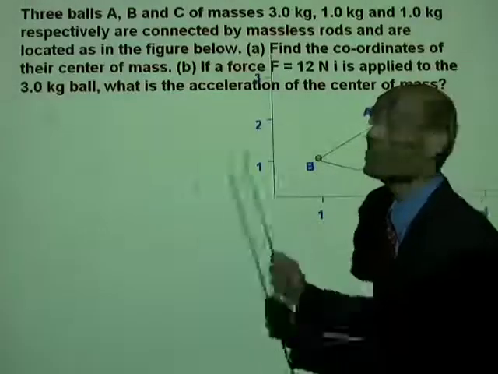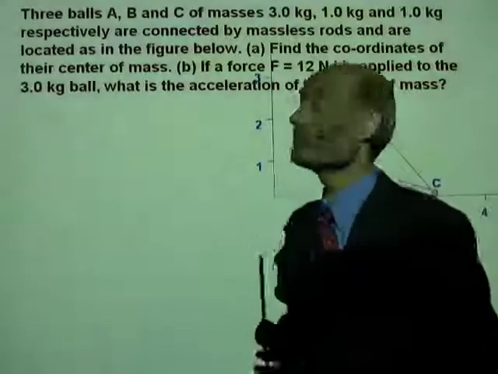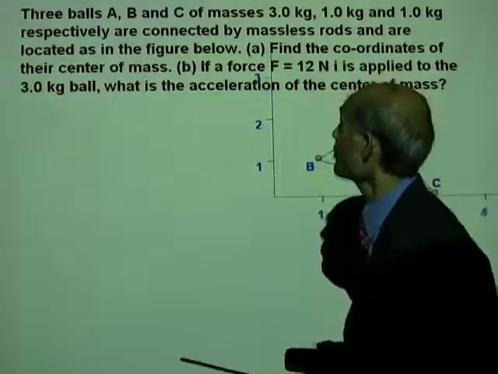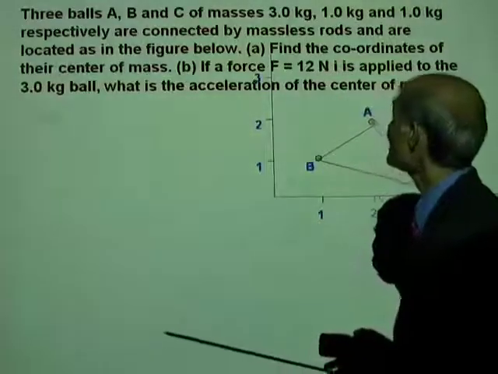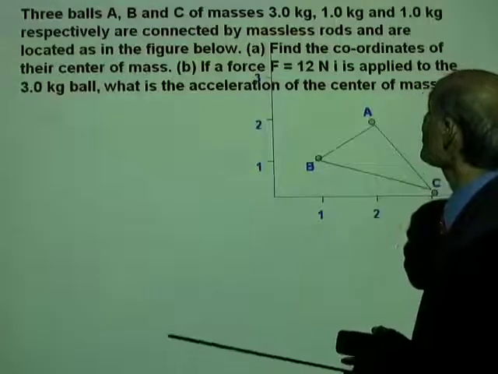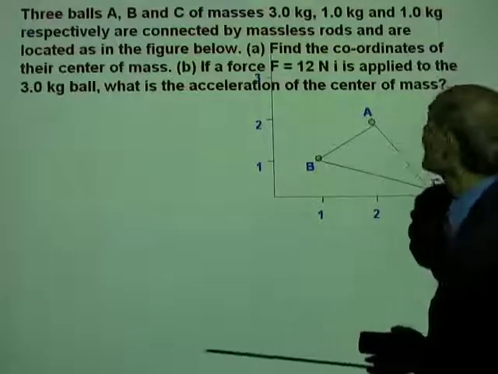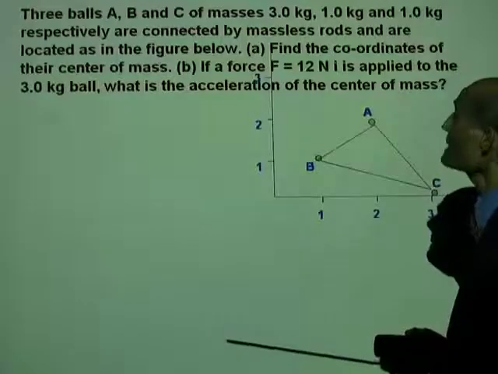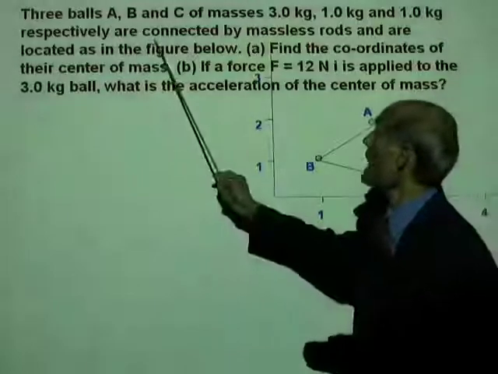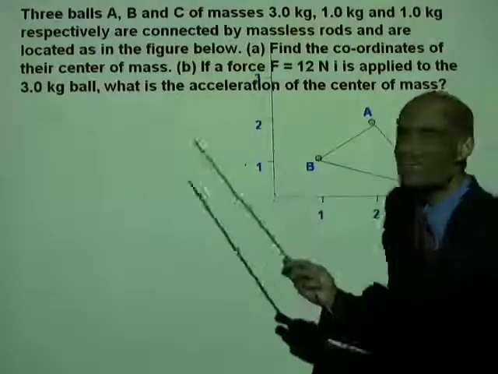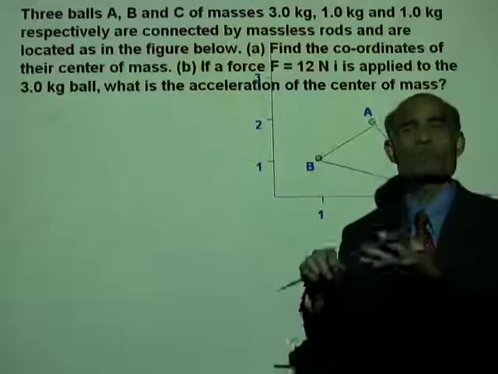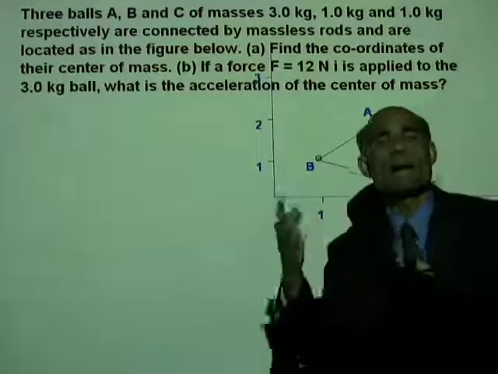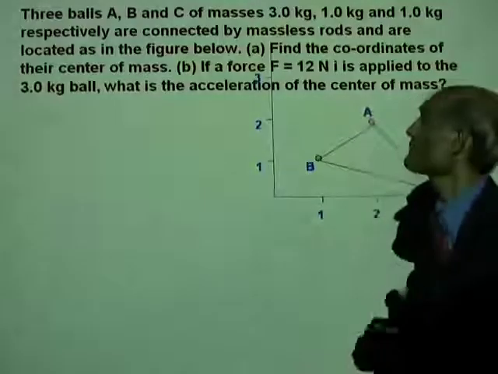Okay, let's now do another simple problem. 3 balls A, B and C of masses 3 kilogram, 1 kilogram and 1 kilogram respectively are connected by massless rods. It simply means that you ignore the mass of the connecting rods.